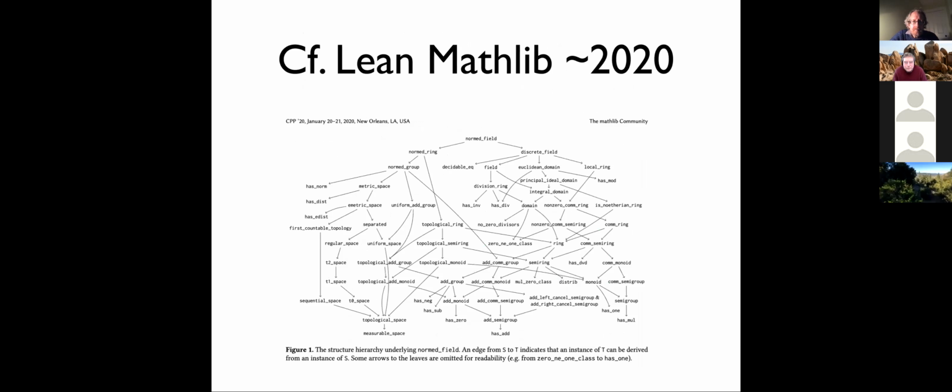Well, for example, here's the Lean Math Lib that has just such a type hierarchy. This is the algebraic part of it. In this case, it's kind of upside down, I guess, from the other case. So very general ideas at the bottom, and specific usable things are at the top.